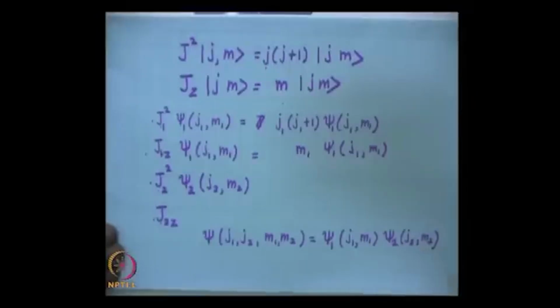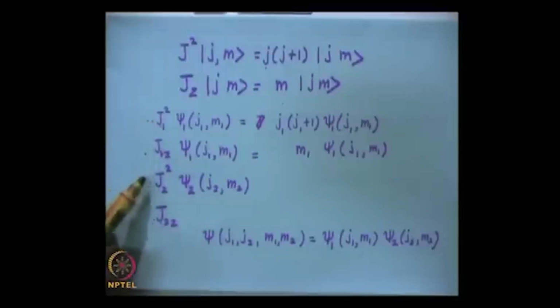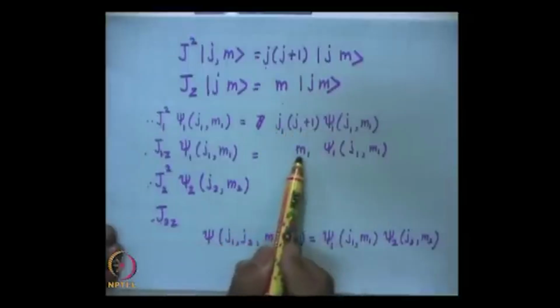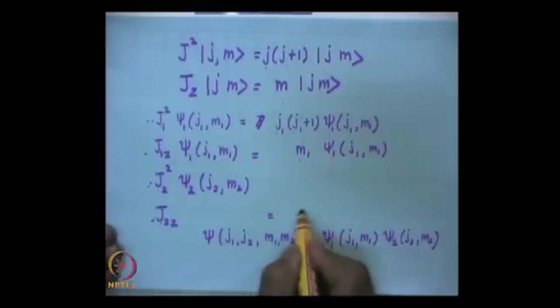This product wave function is a simultaneous eigenfunction of J1 square, J1z, J2 square and J2z, and the corresponding eigenvalues are J1 into J1 plus 1, M1, J2 into J2 plus 1 and M2.